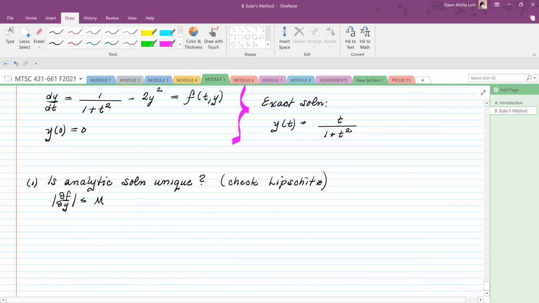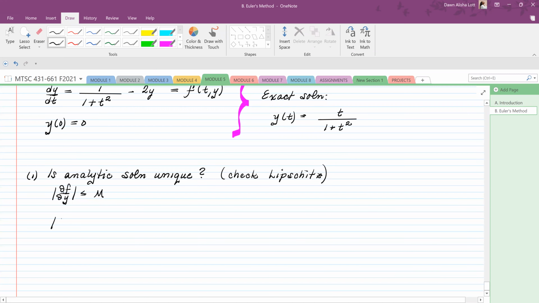Okay, so the partial of f with respect to y, forget the absolute value for a moment, that's just negative 4y. So is the absolute value of the partial of f with respect to y, which equals the absolute value of negative 4y, less than or equal to some M?